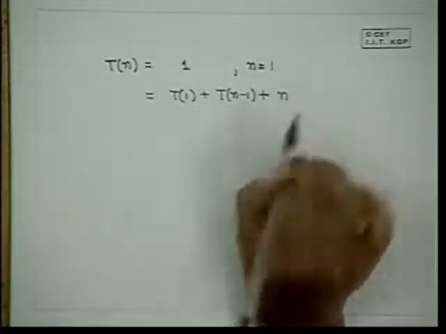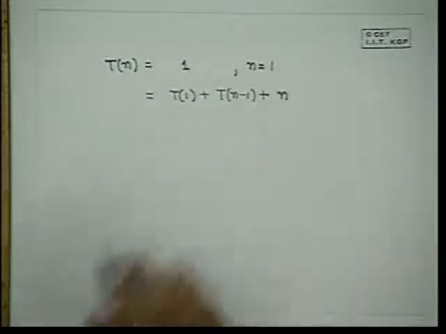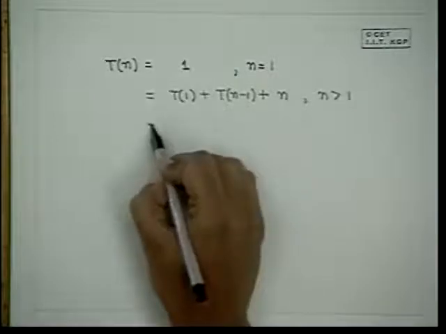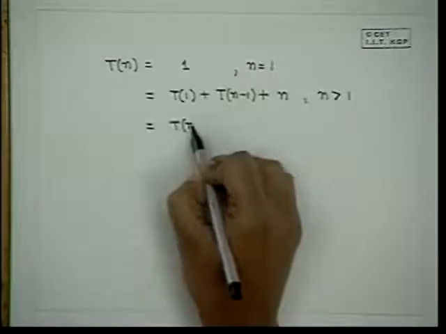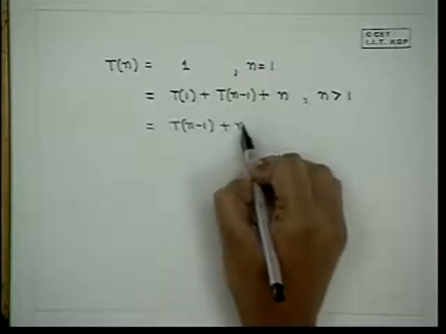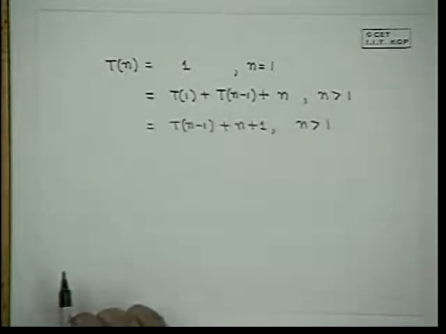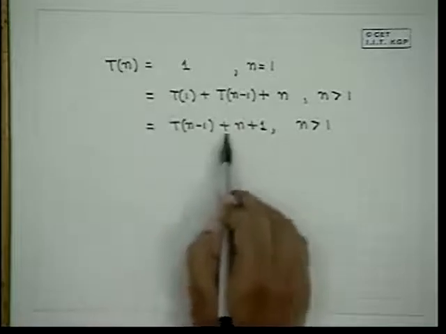Order n you can write as n also, because it will not affect the order of the complexity, which is the same as T(n minus 1) plus n plus 1. So T(n) is T(n minus 1) plus n plus 1.